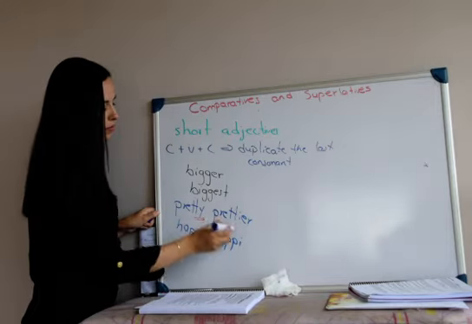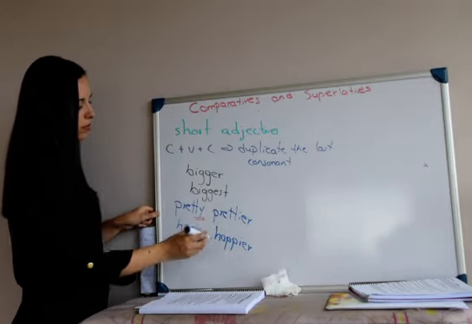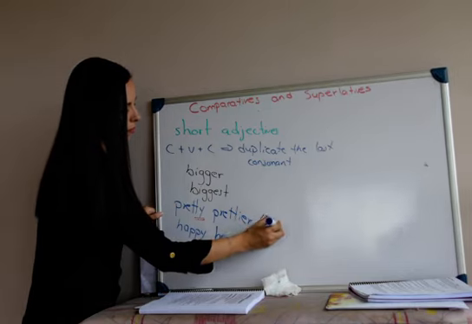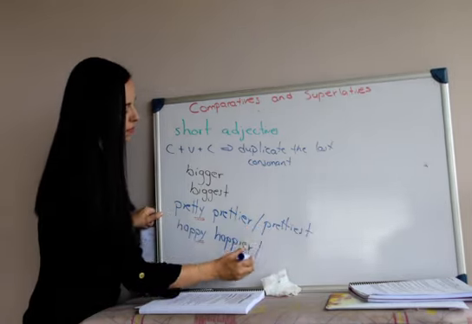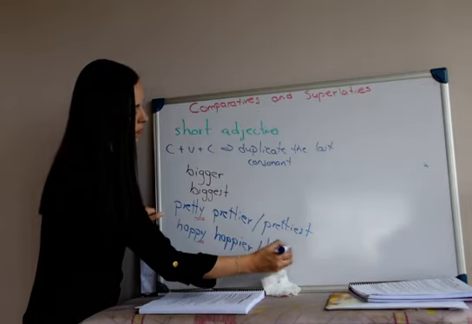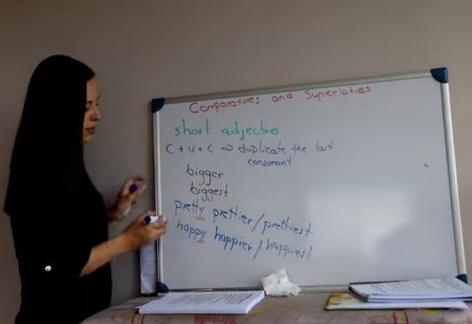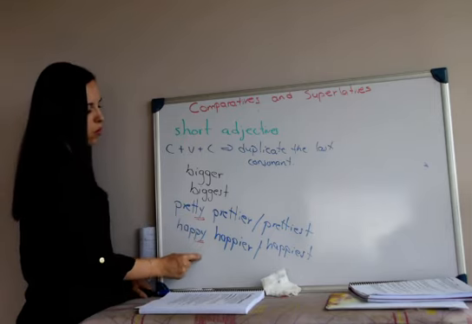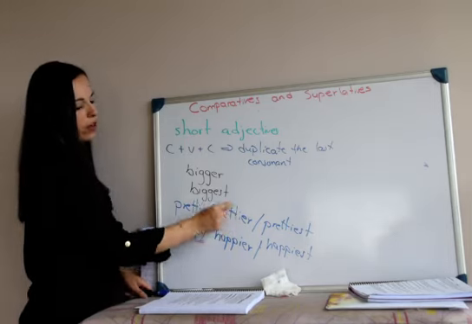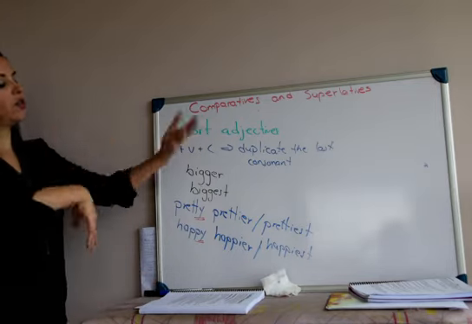Regular I, ER. Or EST. Okay? So when the adjective ends with consonant Y, we change that Y for a regular I. That's all. We continue with the rest.